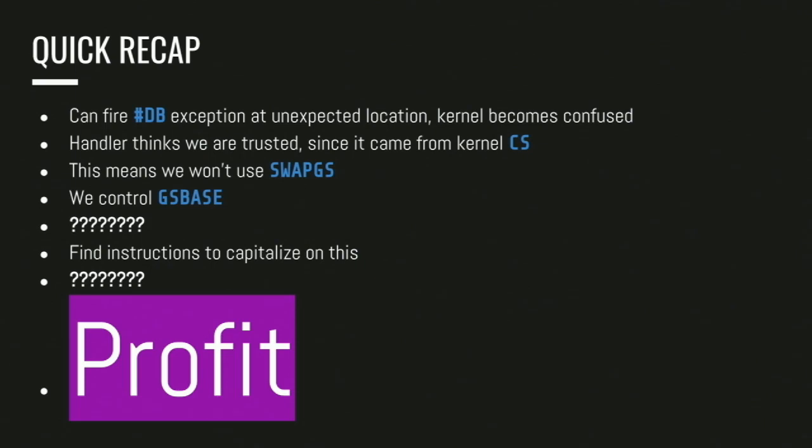All right, perfect. So if you were paying attention, basically what happens is we end up firing a DB exception at an entirely unexpected location. And operating system developers at the time, per the Intel and AMD instruction manual, were not prepared for this particular case. And the handler that they wrote, which would be the int1 handler, was not aware that the interrupt it was currently handling was coming from an untrusted location.